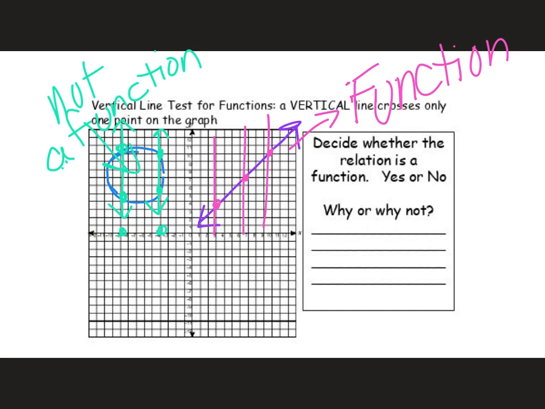Another way we can look at this is if we have ordered pairs. So let's say I have some points, just kind of sporadic around. If I were to take a vertical line and draw it anywhere through those points, it should only hit one point. Hence the vertical line test. So that means this one would be a function.